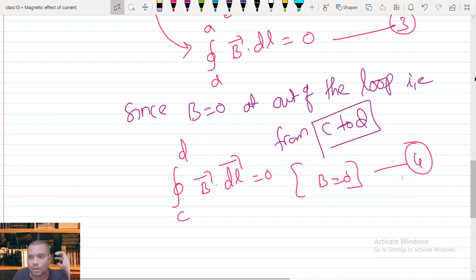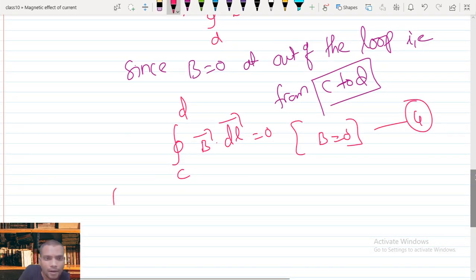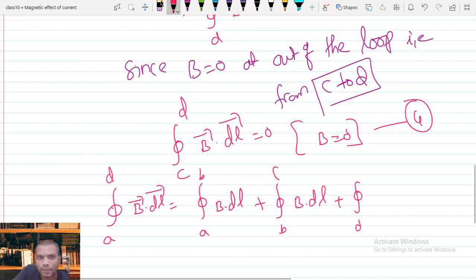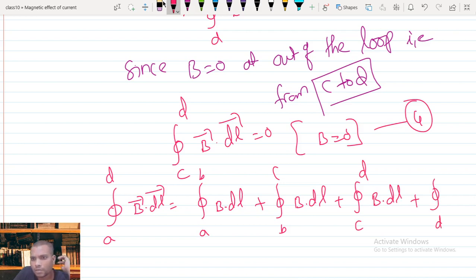Now if I try to find the closed integral from A to D of B bar dot dl, it equals the closed integral from A to B of B dl, plus the closed integral from B to C of B dot dl, plus the closed integral from C to D of B dot dl, plus the closed integral from D to A of B dot dl.